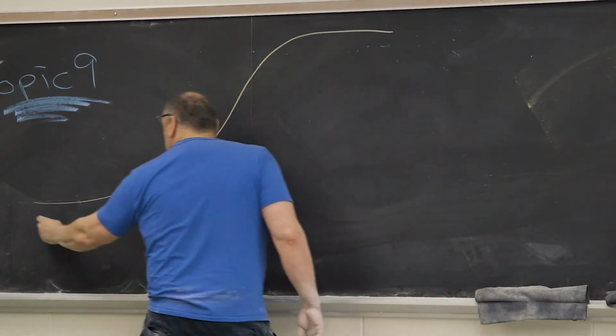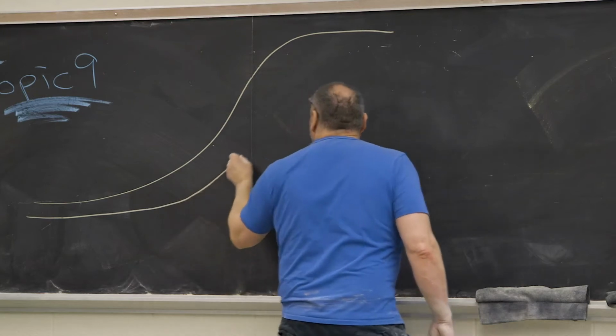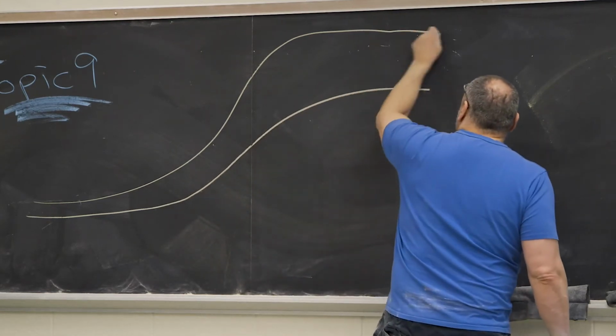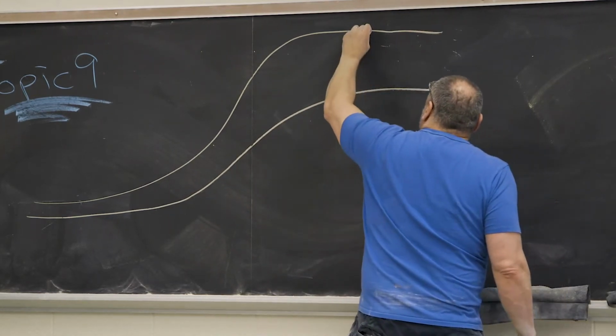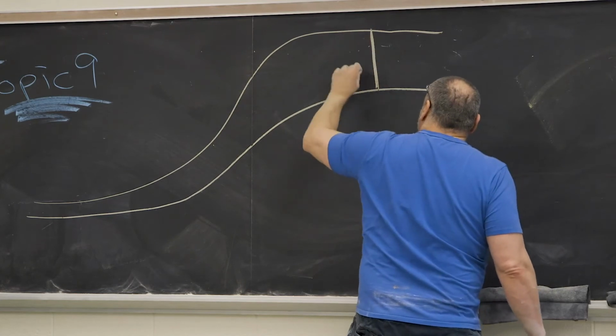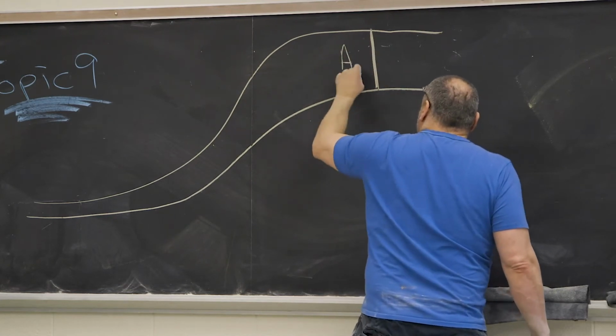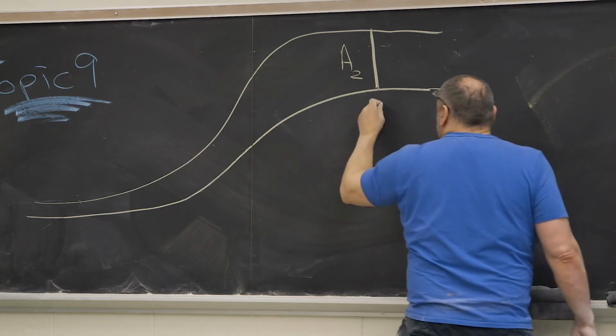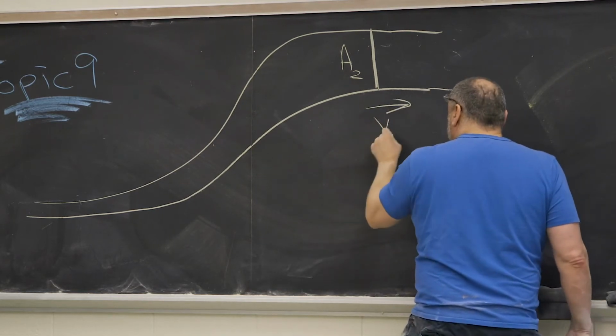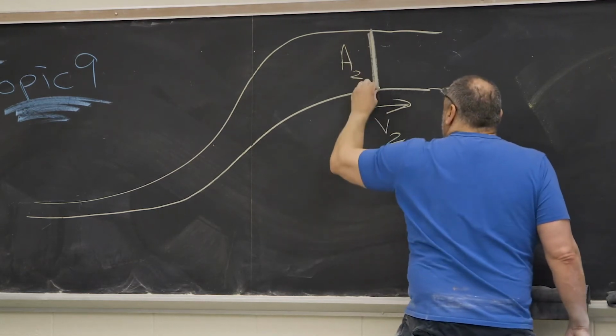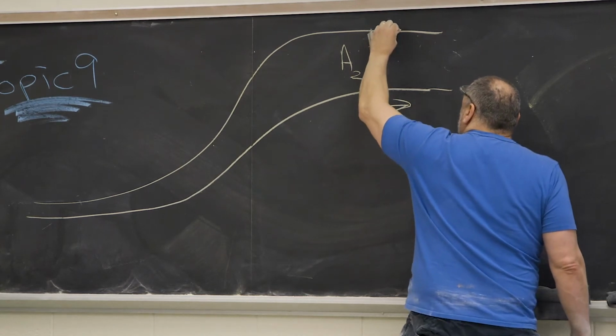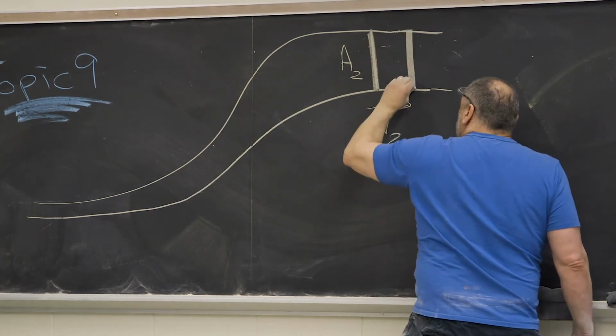something flowing like this, and this is obviously a big cross-sectional area right here. That's a cross-sectional area, A2, and the fluid is flowing at a speed V2 through here. And let's say this much is flowing.